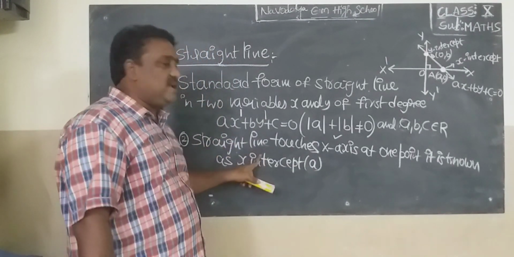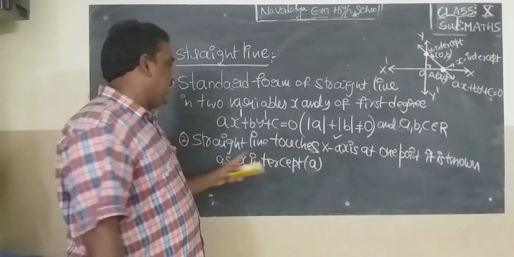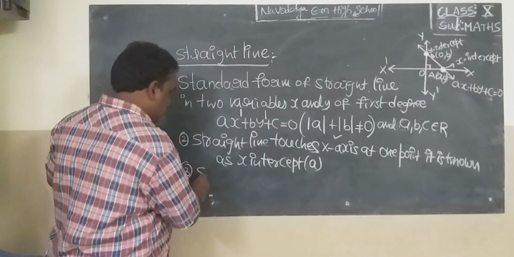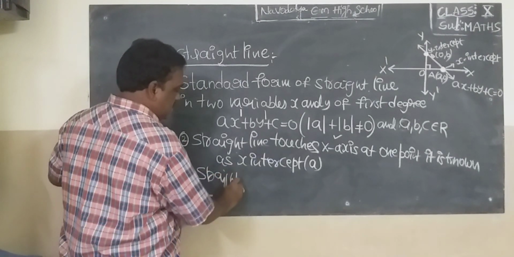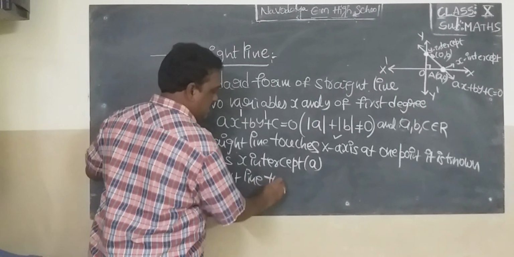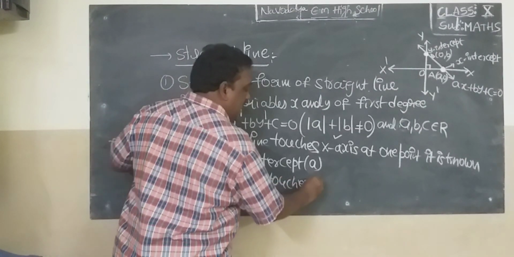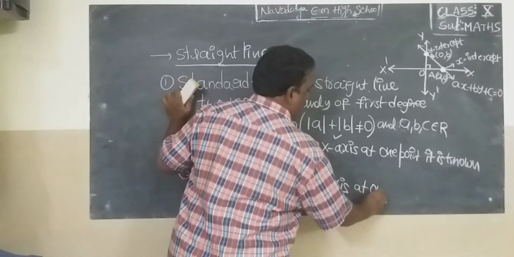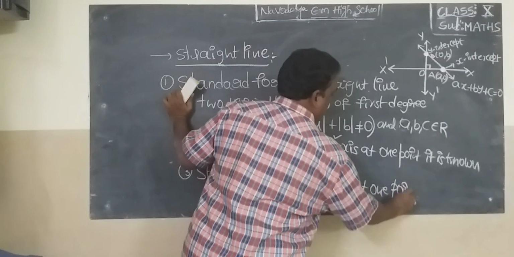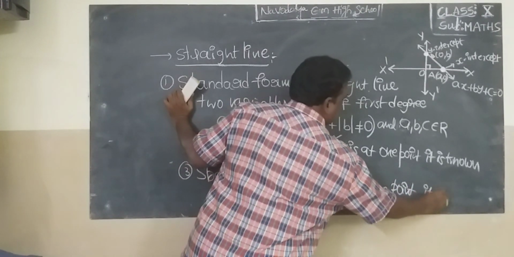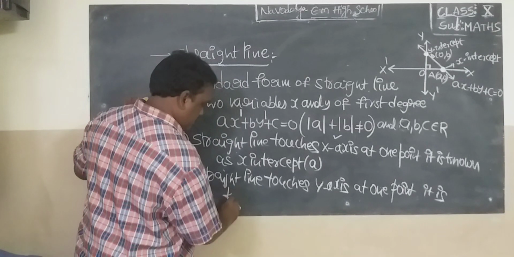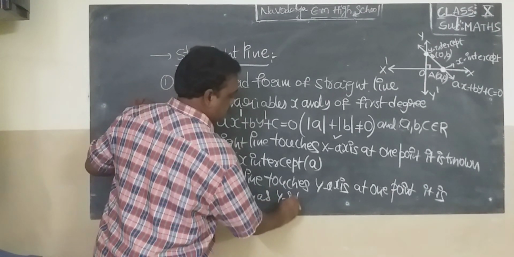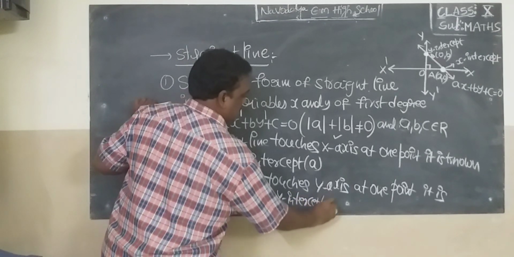A straight line touches the y-axis at one point. It is known as y-intercept, small b.